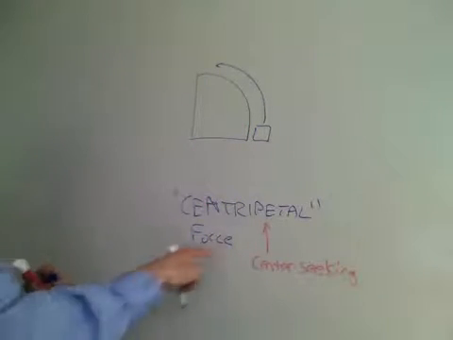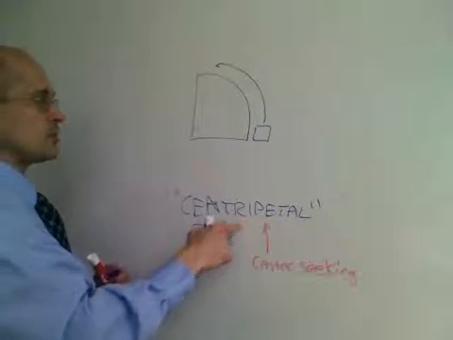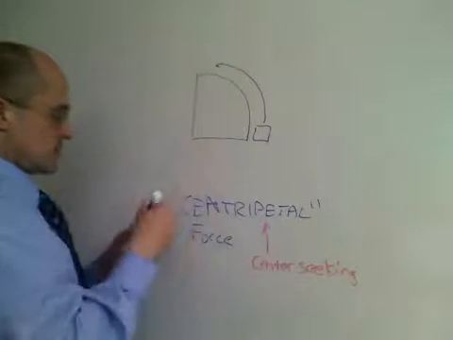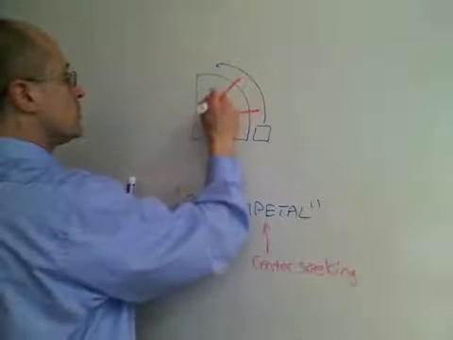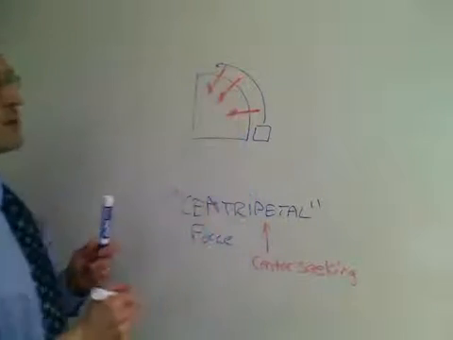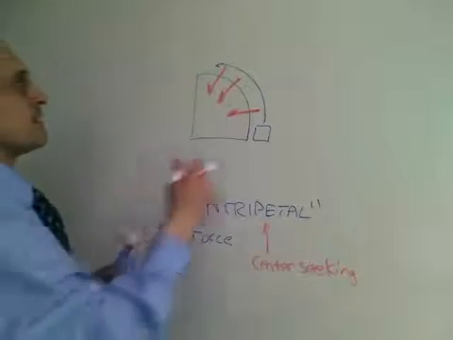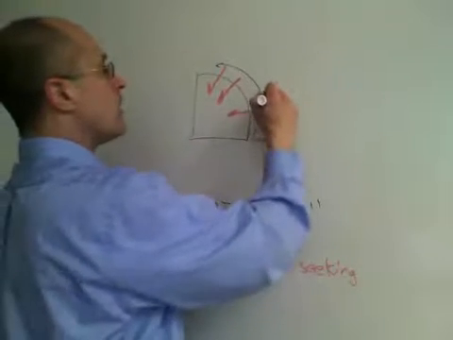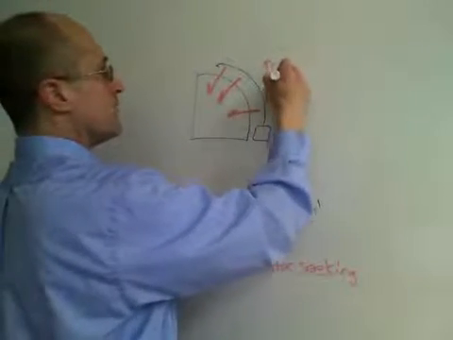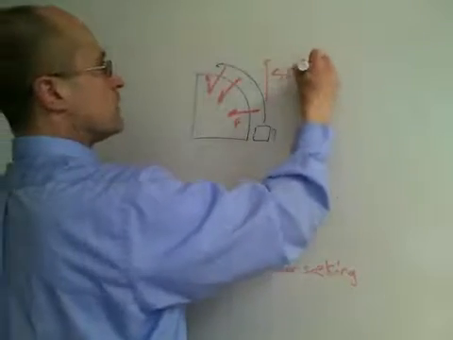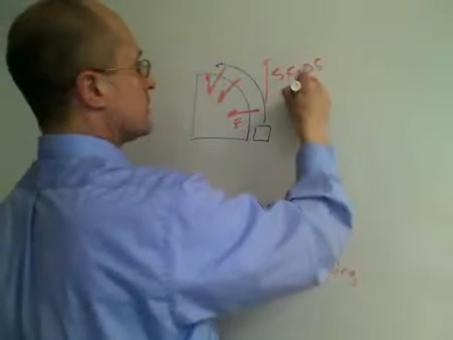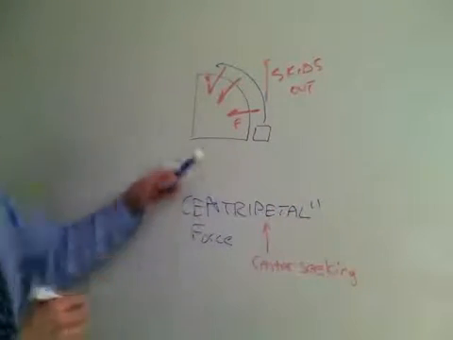There has to be a centripetal force, some type of force pulling you towards the center of the circle. If that force isn't there, what happens? Your car skids out.